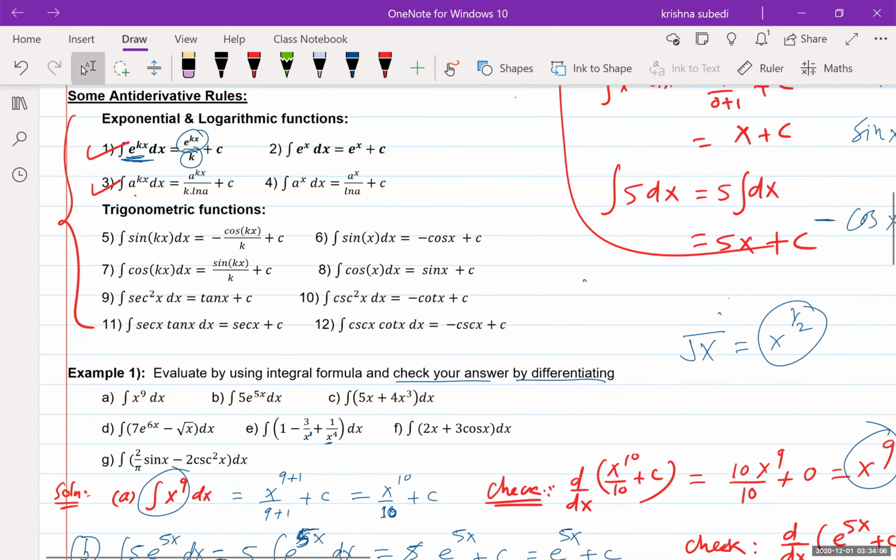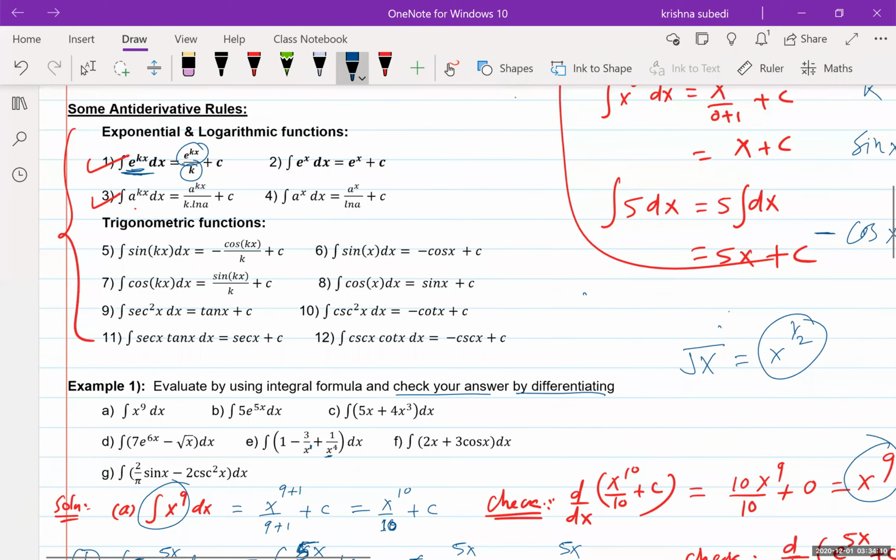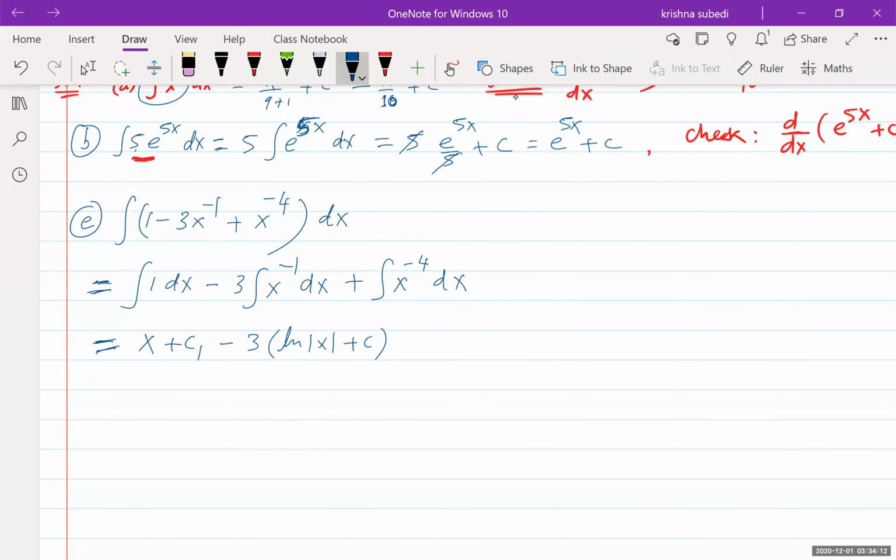We have seen that formula somewhere here earlier. So I can write that c2 plus, this one will be x power -4 plus 1 divided by -4 plus 1 plus c3. So I get x minus 3 ln x.